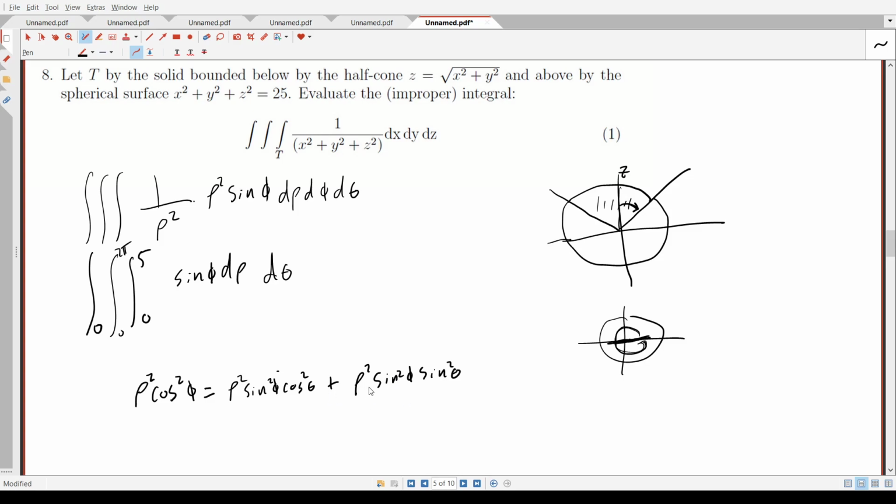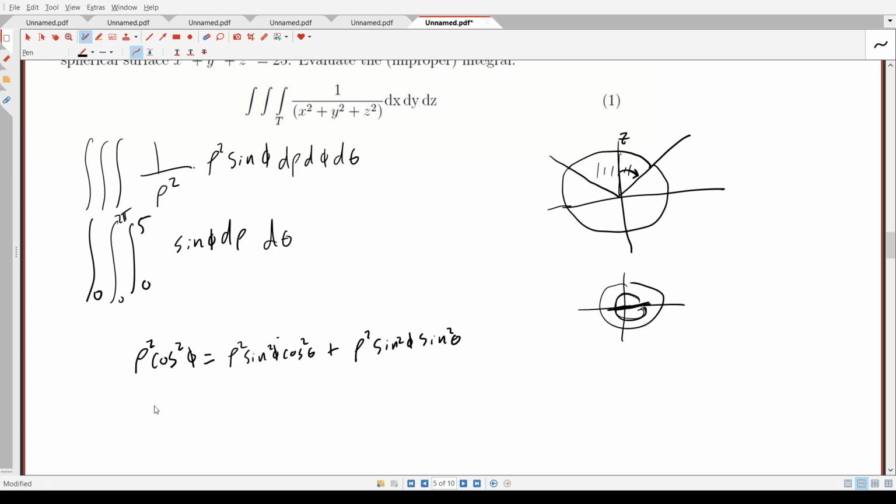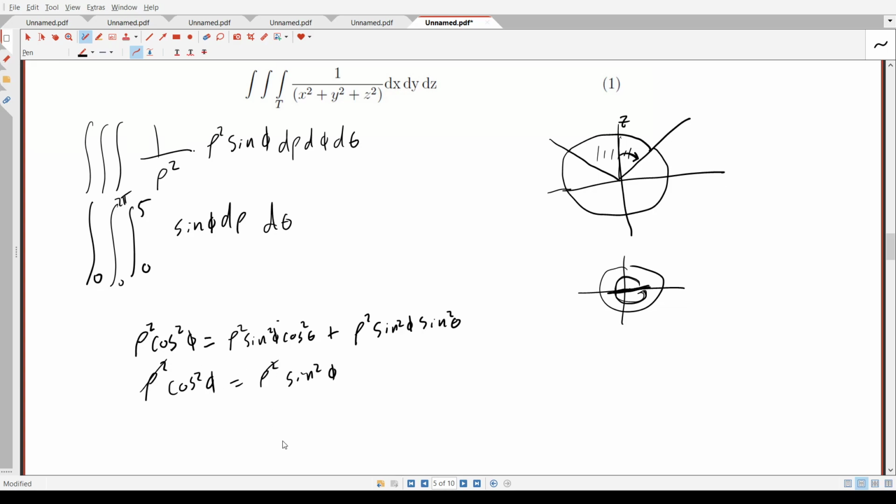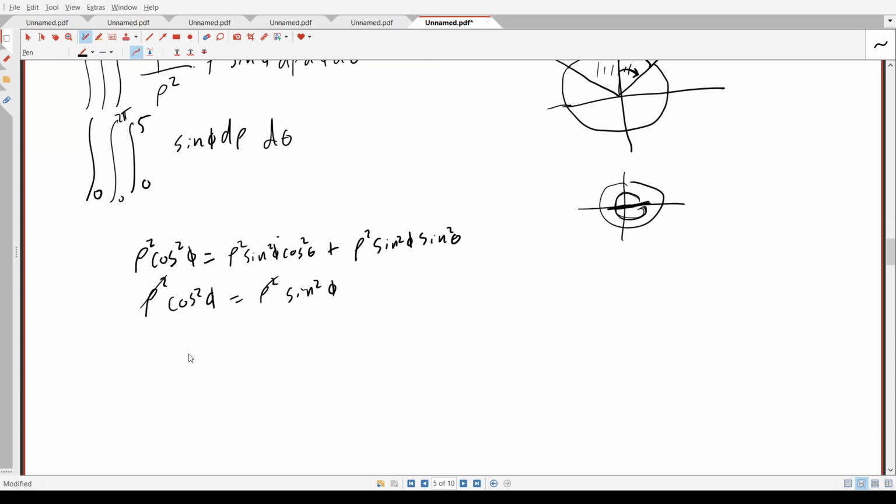I can factor out the rho squared sine squared phi, and I get sine squared theta plus cosine squared theta. So what I end up with is rho squared cosine squared phi equals rho squared sine squared phi. If I assume for a second that rho is not 0, I can cancel this on both sides.